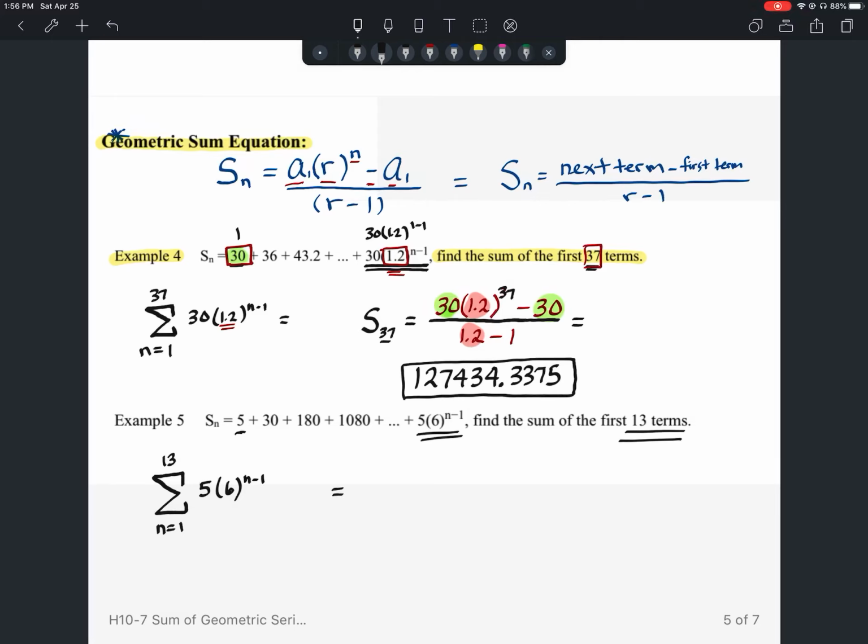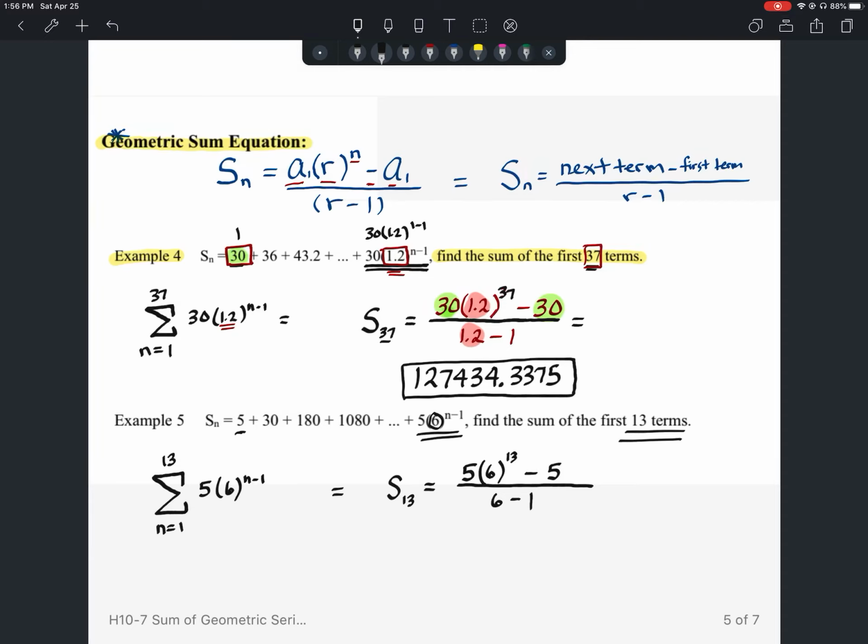All right, the sum of the first 13 terms in this series is going to equal, if we use our formula, our first term 5 times our multiplier 6 raised to the power of n, so that's 13, minus our first term, which is 5. And we're going to divide it by 1 less than the multiplier. The multiplier was 6, so we're going to do 6 minus 1.